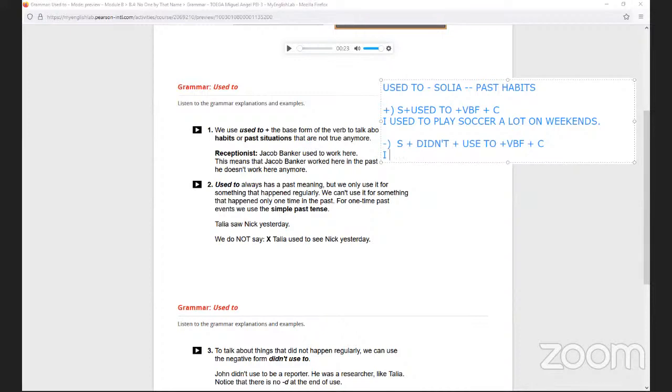Yes, it could work, so it's like a usual verb. When we use it in negative and in questions, it is like a verb, of course, but the meaning of this is solía, the same, not the verb use like usar, right?